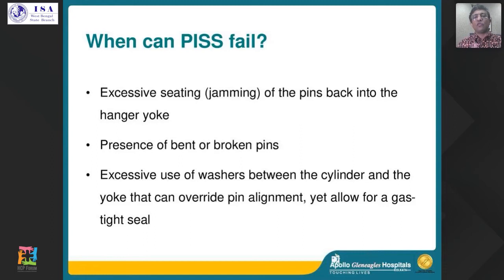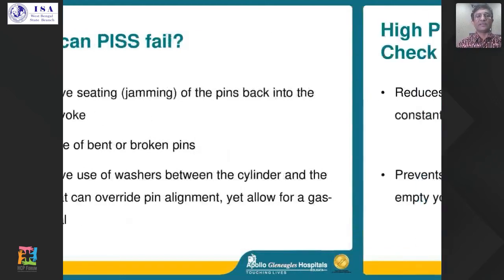And excessive use of washers, if you put it over there, you are basically obviating the pin system, and you allow a cylinder to get in and have a proper gas seal, and that's again a possible cause wherein you can have a wrong cylinder at the inappropriate place.